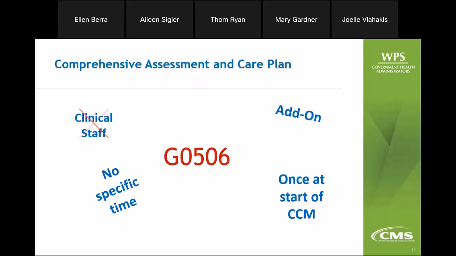You have a discussion during one of those other visits about starting the patient on CCM, that's not this procedure code. The G0506 is a comprehensive assessment of that patient, and of course that would be documented, and then developing the care plan for that patient, and of course that would also be documented.